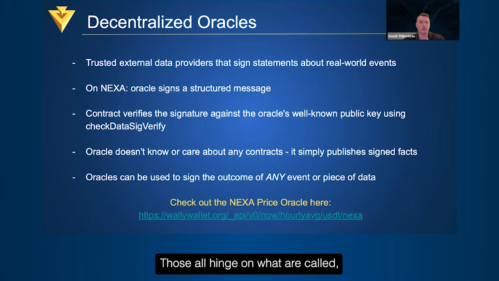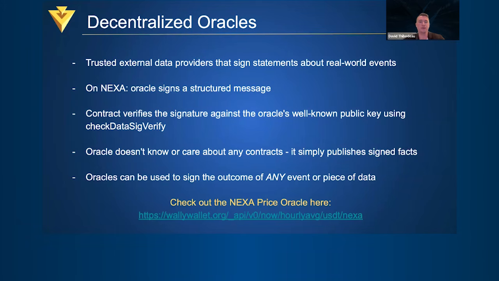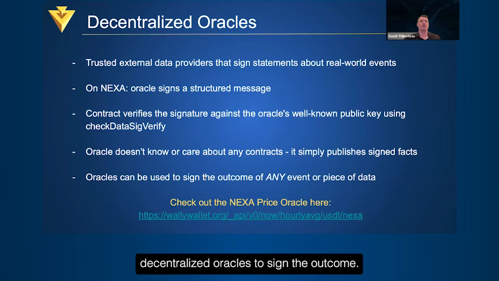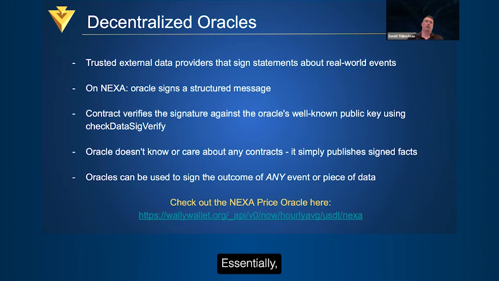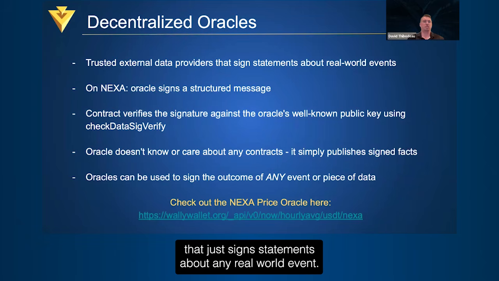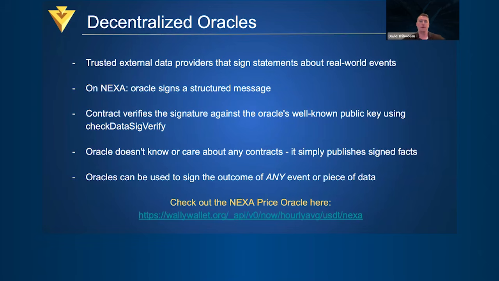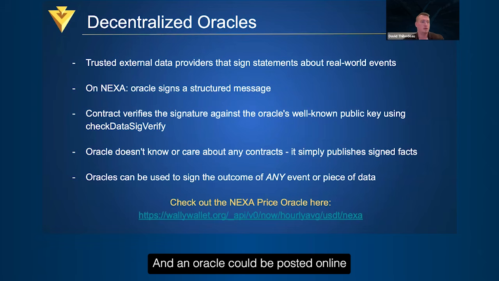Those all hinge on what are called decentralized oracles to sign the outcome. Essentially, an oracle is a trusted provider that just signs statements about any real world event. And an oracle could be hosted online and created to sign any piece of data imaginable.